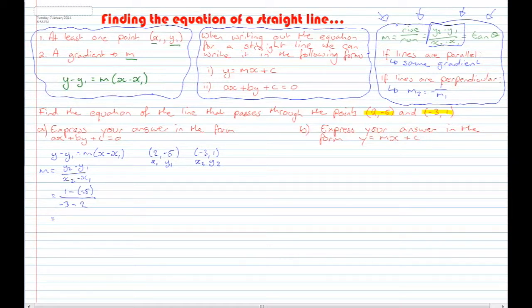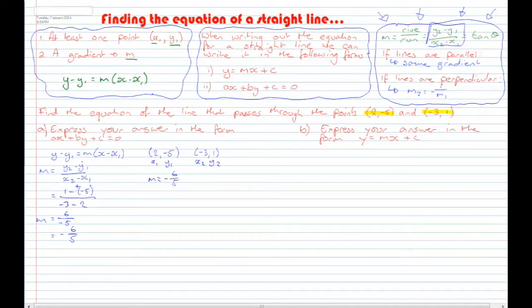Alright, 1 minus -5, these two negatives become a positive, so 1 plus 5 is 6. -3 minus 2 gets us -5. Therefore, m is equal to 6 over -5, or -6 on 5.